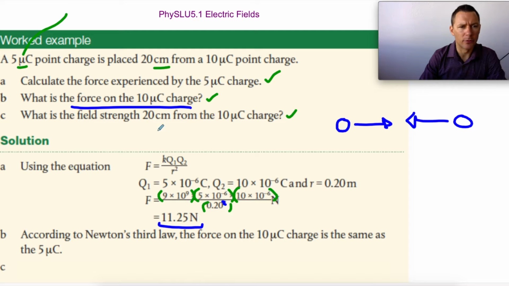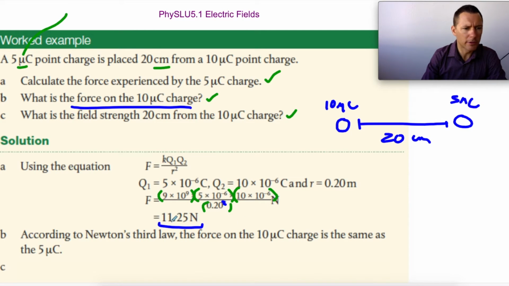And then for the last one, what's the field strength 20 centimeters from the 10 microcoulomb charge? So this is the 10 microcoulomb charge. We know this is the 5 microcoulomb charge. I know that this distance is 20 centimeters. If we're looking for the field strength, the field strength is the force per charge.